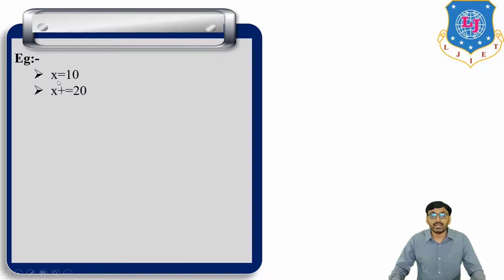Now example: x is equal to 10, then x plus equal to 20. It means x is equal to x plus 20. We know that x is equal to 10, so putting 10, we get x is equal to 10 plus 20, so x is equal to 30. If we print x, then x is equal to 30. Second, y is equal to 10, then y and equal to 5.